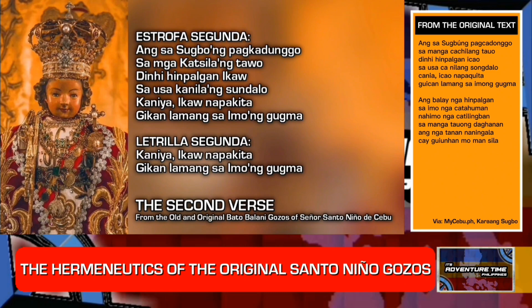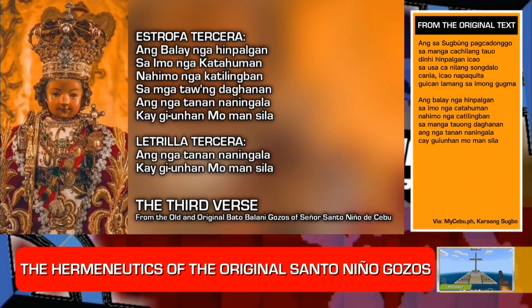The Cebuano praises, dinhi hinpalgan hikaw sa usa kanilang sundalo, and ang balay nga hinpalgan sa imo nga katahuman are depicting the story of Kaplag or the finding, where the Holy Child Jesus was found by a soldier named Juan Camus inside the Ataul amid the burned nipa houses on April 28, year 1565.